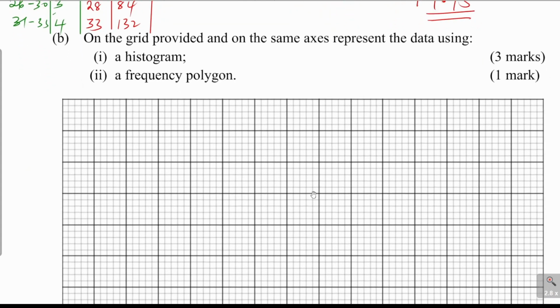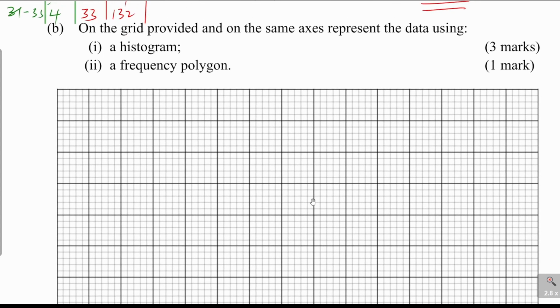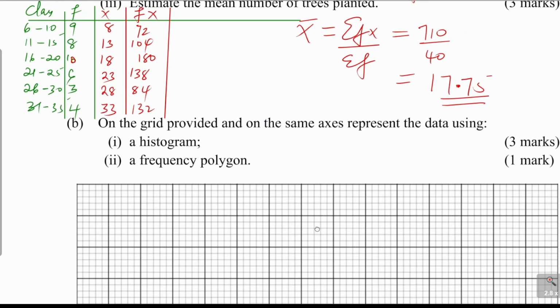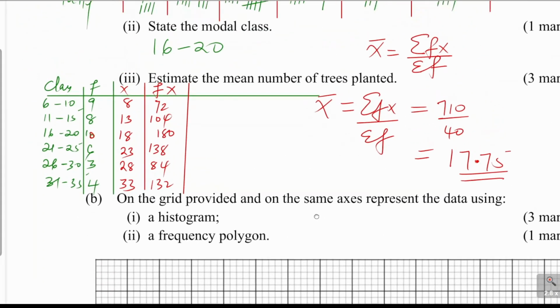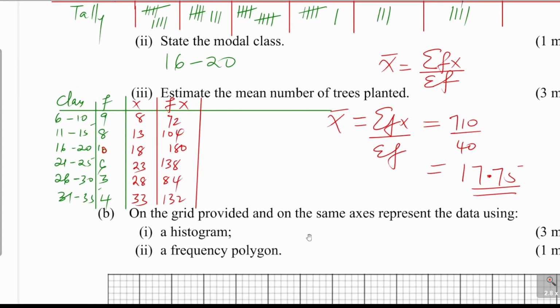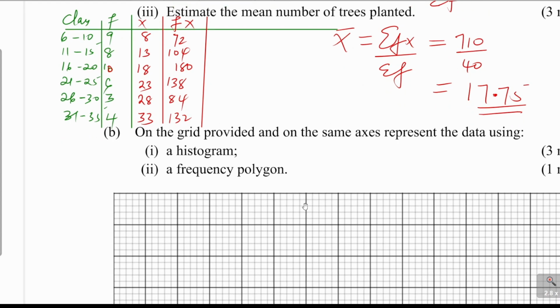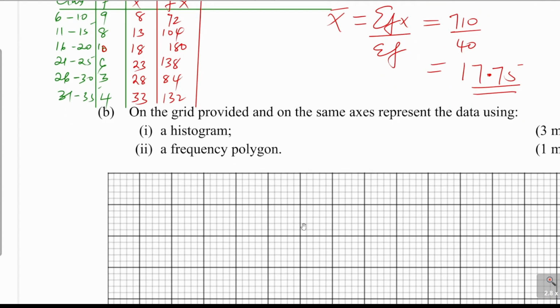Part B: on the grid provided and on the same axis, represent the data using, one, a histogram, then a frequency polygon. So let's start with the histogram. How do you draw a histogram? You plot the frequency against the class boundaries.